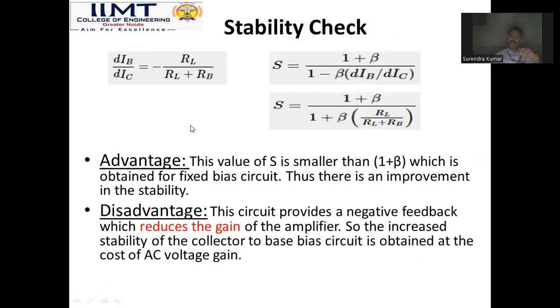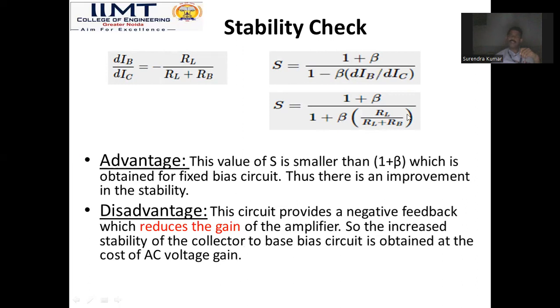Again, we are going to check the stability. Is it improved as we compare with the fixed biasing circuit? Here we can see the value of dIB over dIC is not 0, it is equal to minus RL upon RL plus RB. Putting this value in the stability factor, we will have 1 plus beta upon 1 plus beta (RL upon RL plus RB).